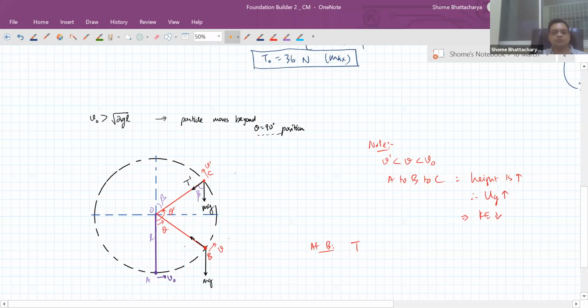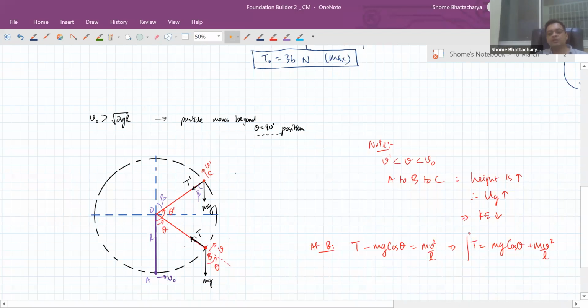The tension at this point is acting opposite to the radial component of mg. This component is mg cos theta. So at the point B, what is my centripetal force, the net force pointing towards the center? It is T minus mg cos theta, and that is equal to mv square by L. So the tension is equal to mg cos theta plus mv square by L.